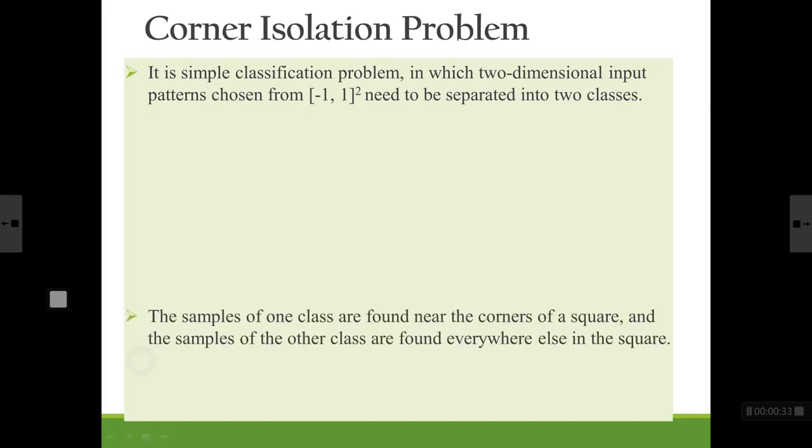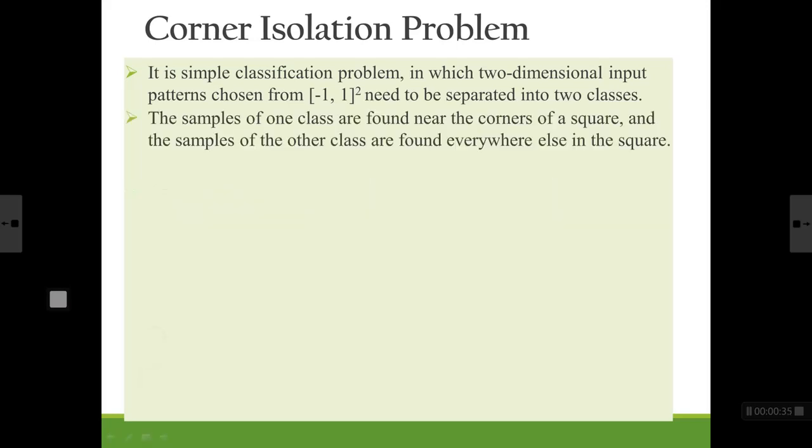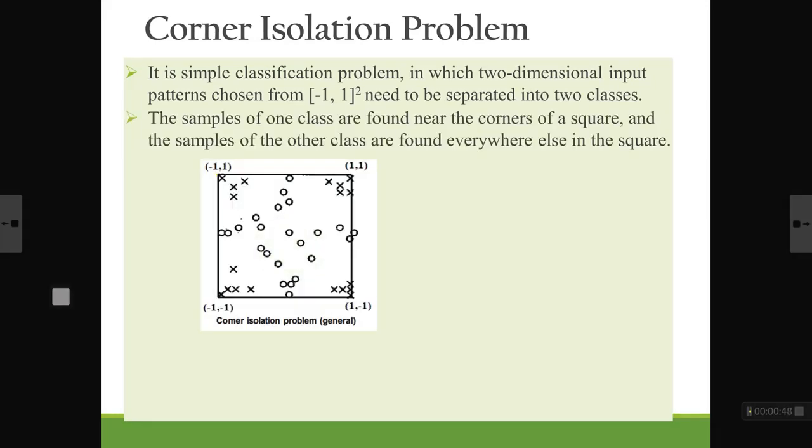It is nothing but we have taken a square like this. The points we have are (-1, 1), (1, 1), (1, -1) and (-1, -1). So basically it is a square from -1 to +1 on the x1 side, and also on the x2 side it is from -1 to 1.